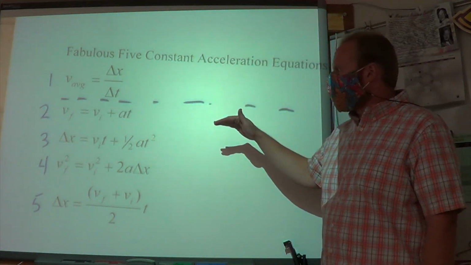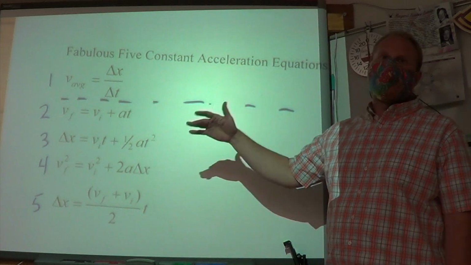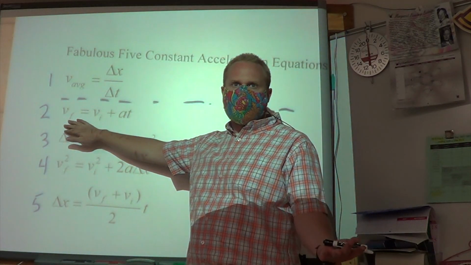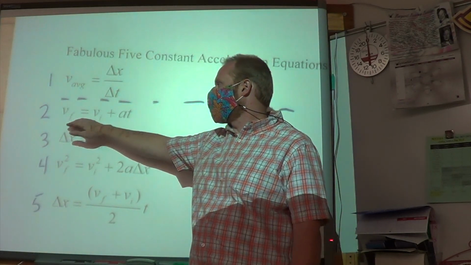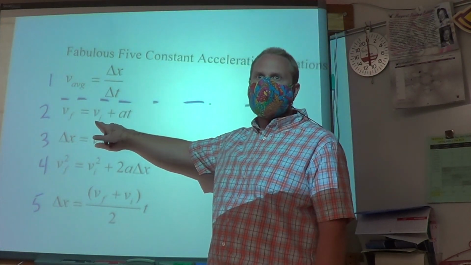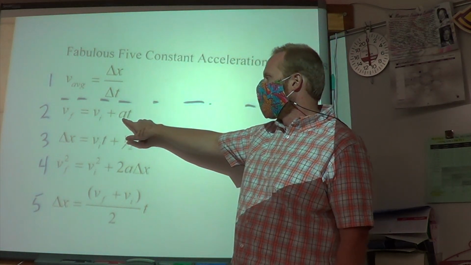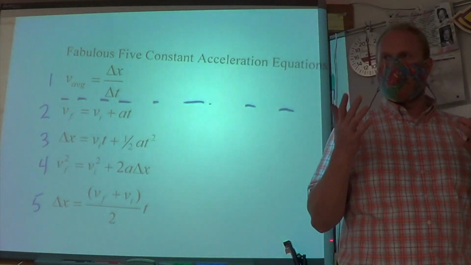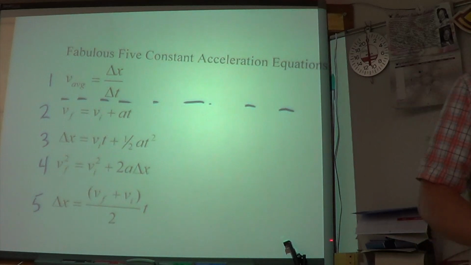Any of these problems, we can solve mathematically for any of the variables. This one happens to be set up for final velocity, but I can rearrange this and solve for Vi, I can rearrange this and solve for a, and I can rearrange this and solve for t. All of these equations can be solved for any of the variables. We just have to rearrange and do some algebra to get there.